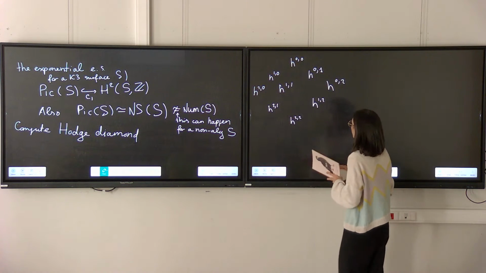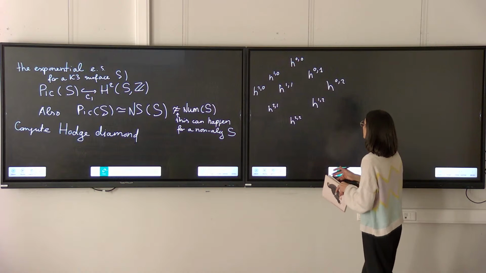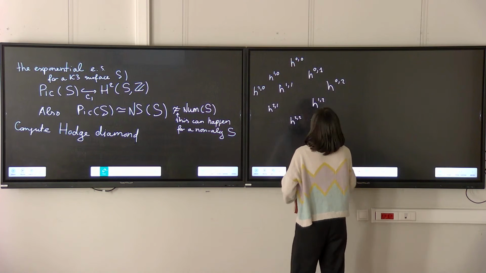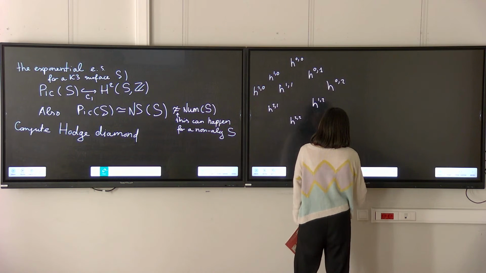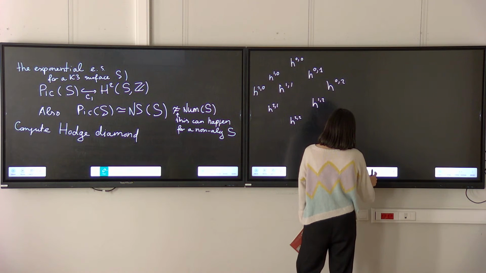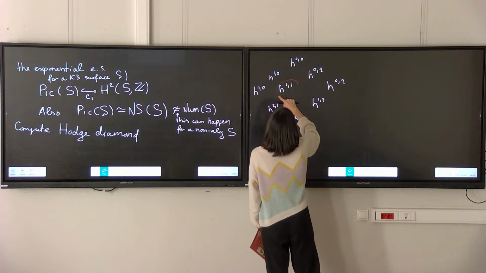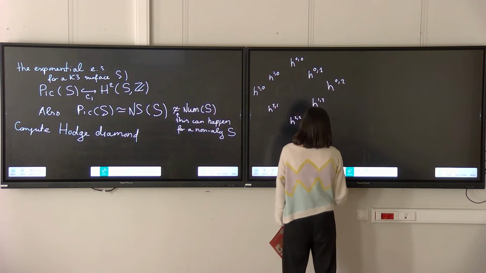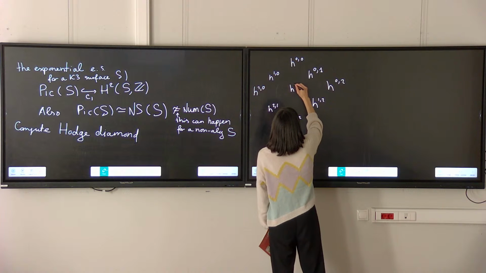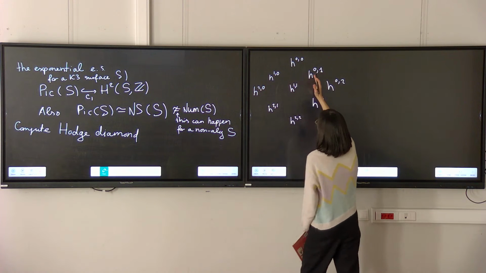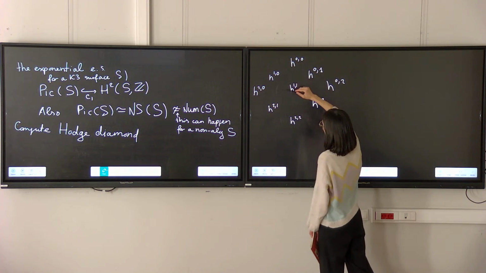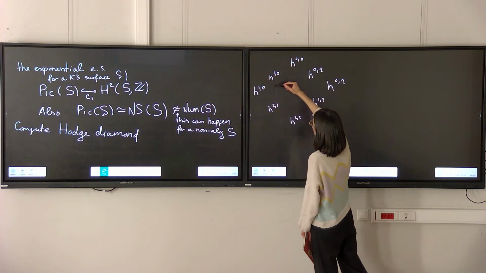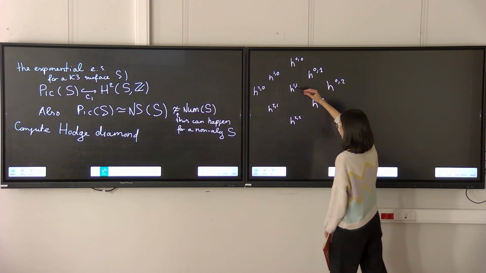So for a surface, this thing is always symmetric, in a horizontal line and in a vertical line.